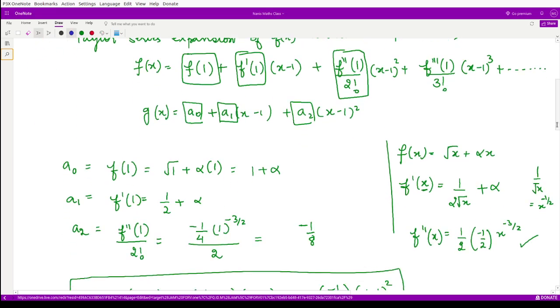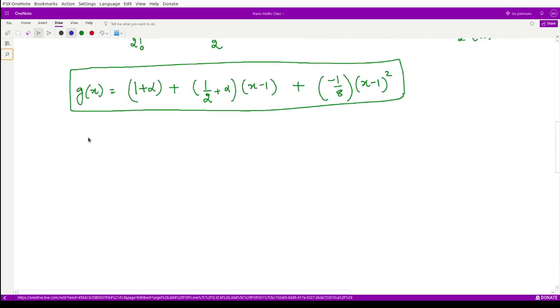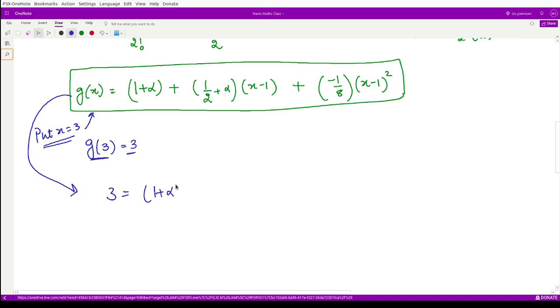Now that we have obtained our function g(x), we can substitute in place of x the value 3, with g(3) equal to 3. We are just replacing the quantity x by 3 in each term.